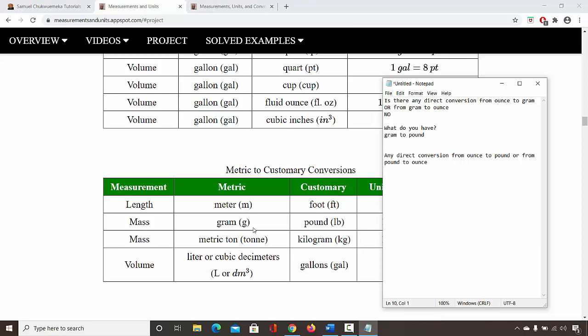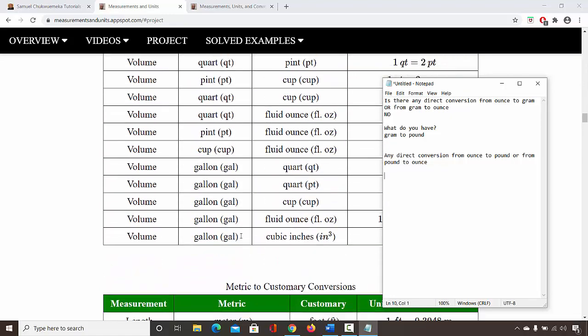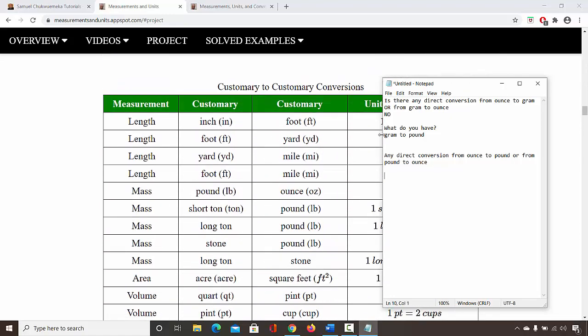As we look at the table now, this is customary to customary, because pound is customary and ounce is customary.